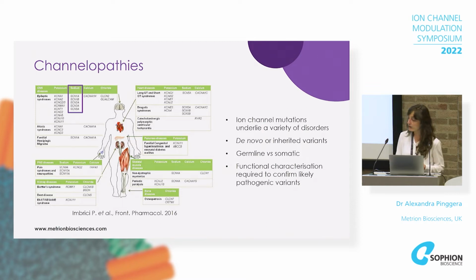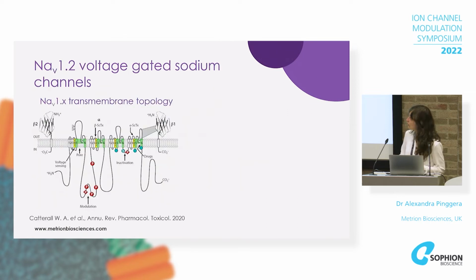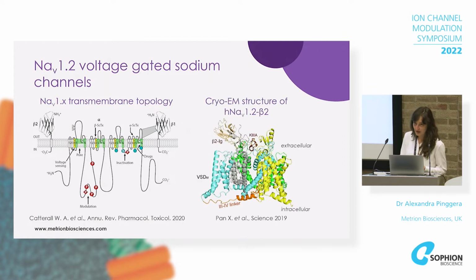Today I will focus on mutations occurring in SCN2A, which encodes the voltage-gated sodium channel NaV1.2. We already had an extensive introduction into sodium channels this morning, so I'm not going to go into detail, because they all roughly operate the same way and have the same overall structure.